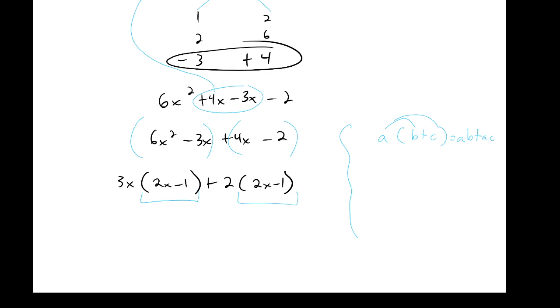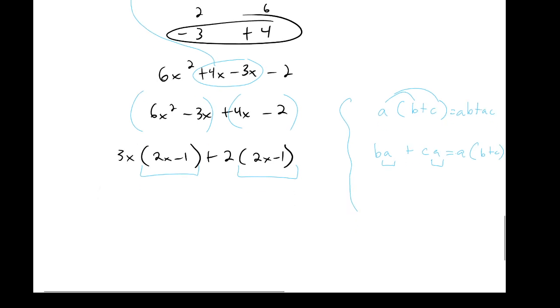Or think about it this way: if I have BA plus CA, I can take this A out, and what I'm left with is B plus C. So I have a 2x minus 1 that I'm going to pull out on the side, and then I'm going to group my leftovers, 3x plus 2. That is actually your factorization right there.